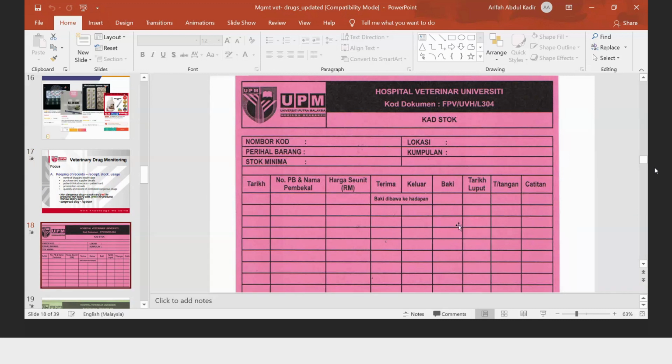Although we have everything in the system, in the Excel spreadsheet, all the drugs, the price, how much we have ordered, how much is left, and everything, the card system is a backup system.